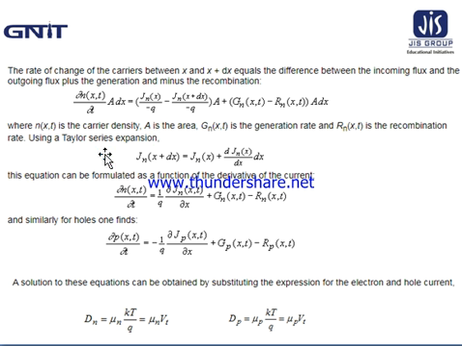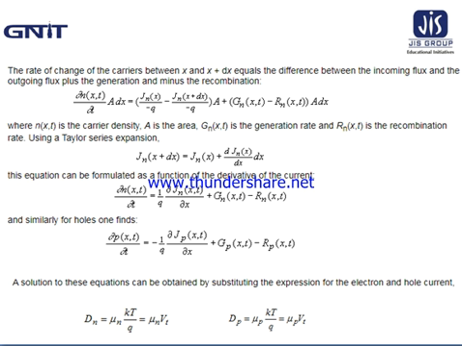That's why this equation comes. Then we write J in x plus this equal to this. Then the equation can be formulated as a function of the derivative of the current, like that.